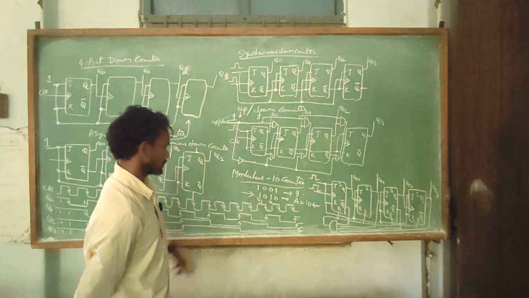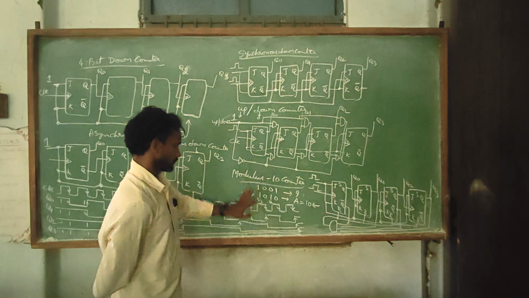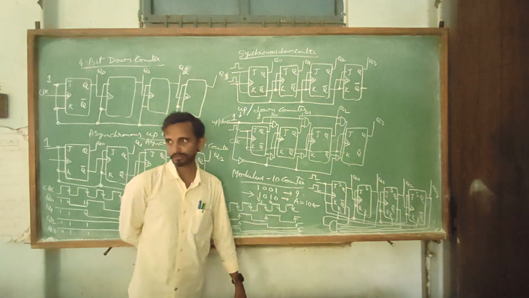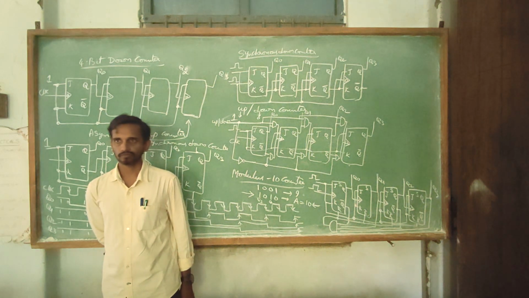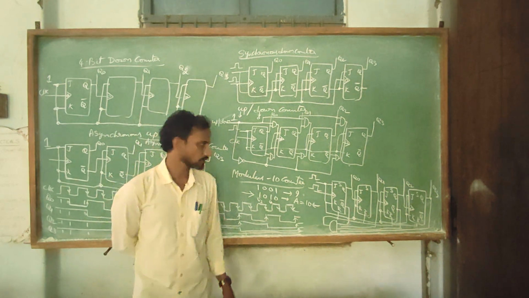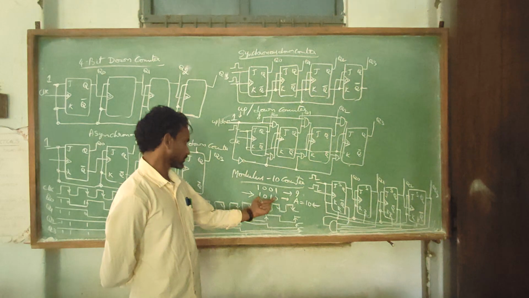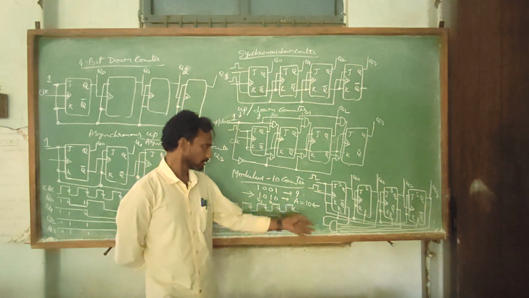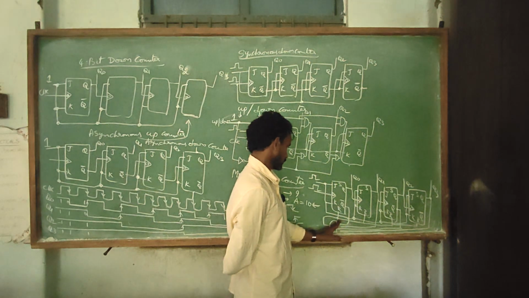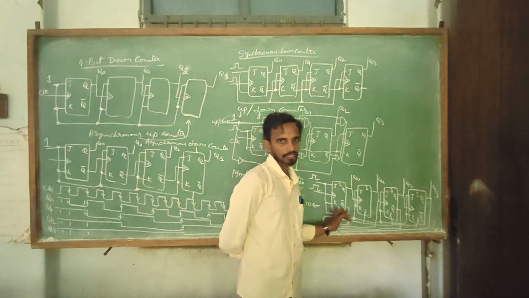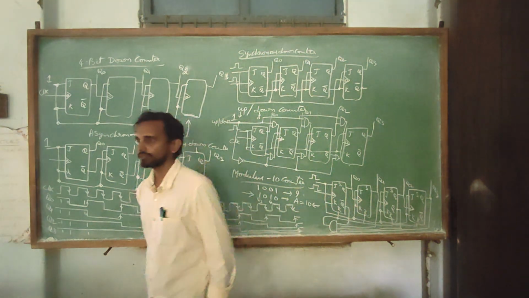And I can choose whatever condition we want. Let's say in this case it is 1010. So when the counter counts 1010, all the required outputs are sent to the AND gate and the output of the AND gate is sent to the reset button.